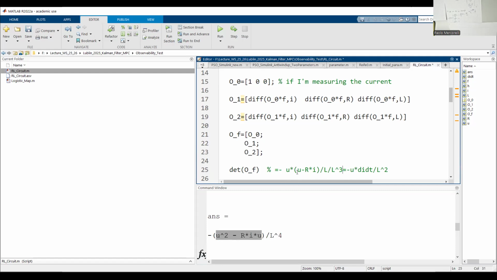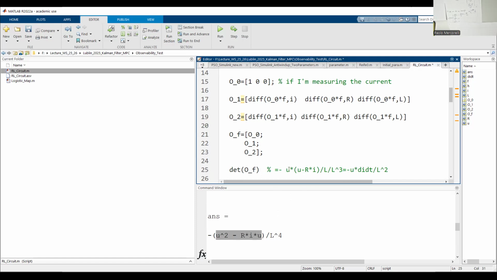this is the condition, the determinant of OF. This means we have to find when this determinant is not 0. Because if the determinant is not 0, we have full rank for the unique determinant which I have.